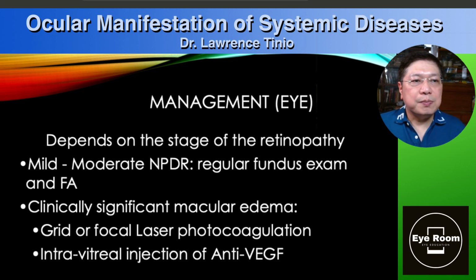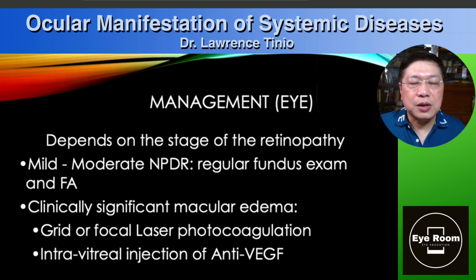Now, the management of the eye would be highly dependent on what stage you've been able to diagnose the patient. If it's just mild or moderate non-proliferative diabetic retinopathy, remember non-proliferative, you could just have a regular fundus exam and fluorescein angiography without intervention.